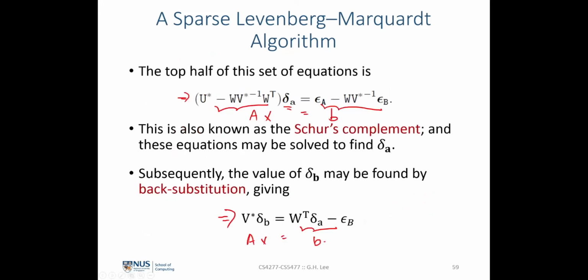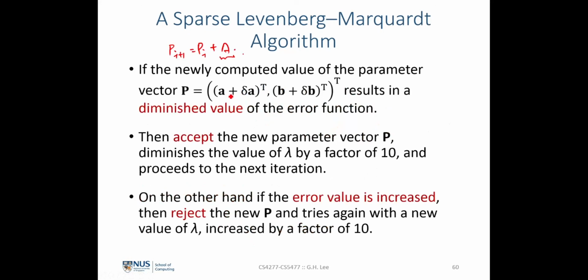Since here we split this delta into two parts, delta A and delta B, we can add them back into the respective parts of A and B to get the new vector of P. And we'll do this iteratively until convergence.